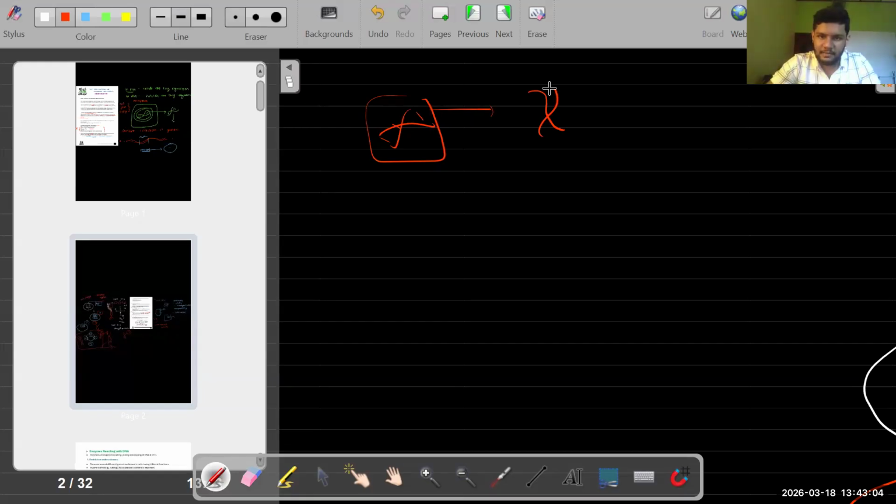So do you think this can be removed as crystals during DNA isolation? Do you expect we are extracting them in crystal form? What about that? What's your idea? Students, just your idea.